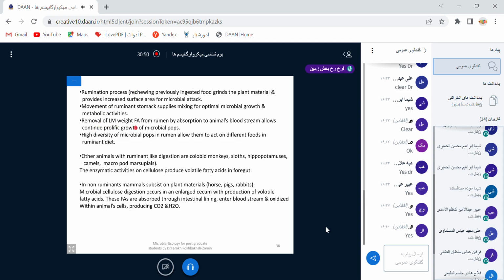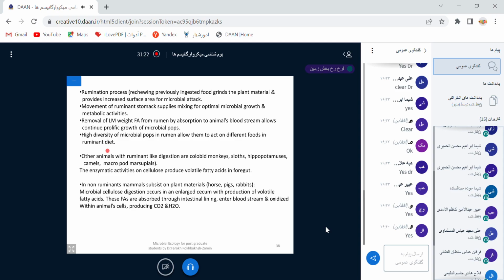Removal of low molecular weight fatty acids from the rumen by absorption into the animal's bloodstream allows the continuum of prolific growth of microbial populations. High diversity of microbial populations in the rumen allows them to act on different foods in the ruminant diet. Different foods are different plants.